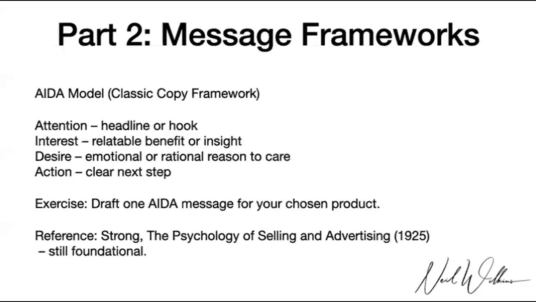With attention, it's the headline or the hook. Interest, it's got to be relatable benefit or insight that is gained by the audience. Desire, the emotional or rational reason to care. Why would I be interested? And of course, that rewrite a moment ago is a good example of that. And then the action, the second A is action, the clear next step or call to action.